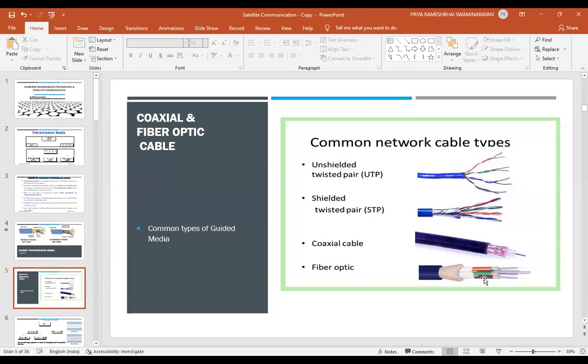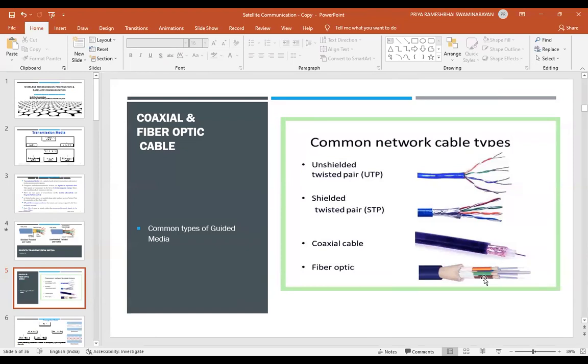Whenever we are transmitting through the fiber optics cable, we need to convert the signal into the form of light. For that light conversion, we have to use a special kind of device, which is either an LED light or a laser beam.